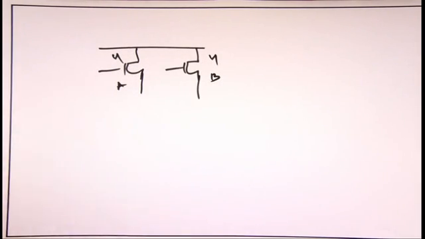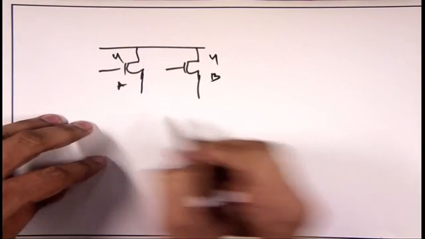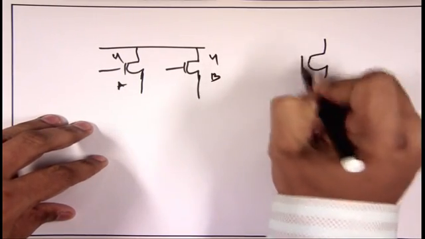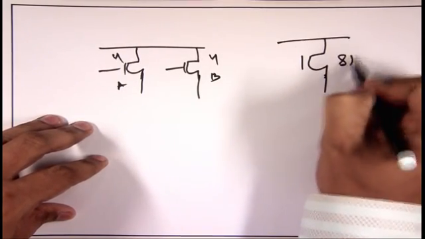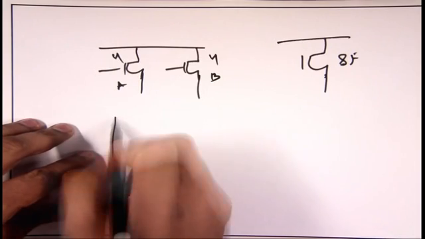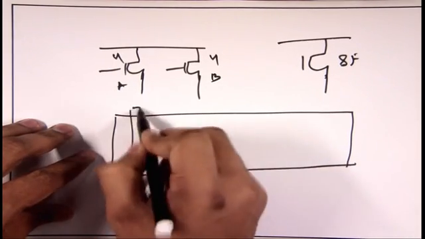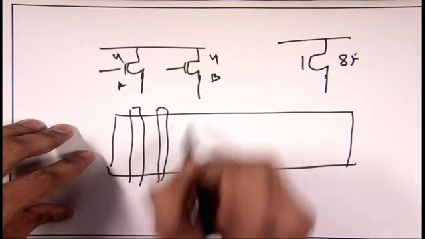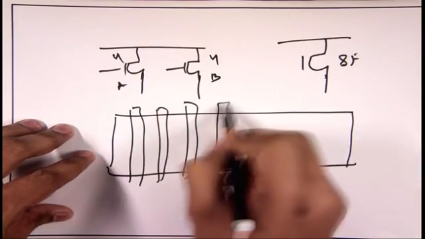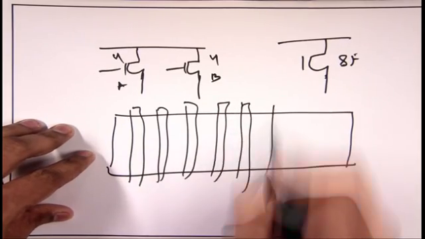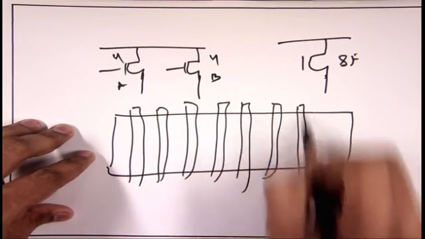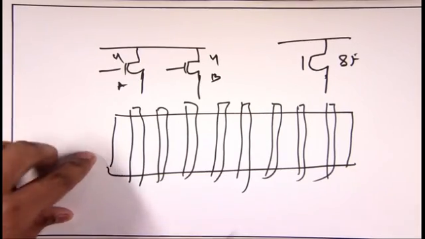So make it a total of 8 fingers. Okay. So make it one transistor, this is 8 finger. Now it is a total of 8 fingers.